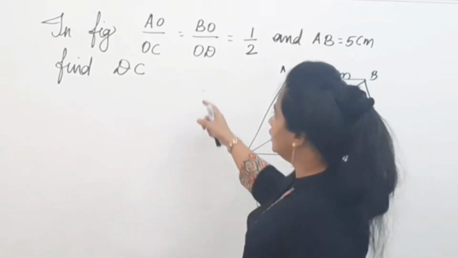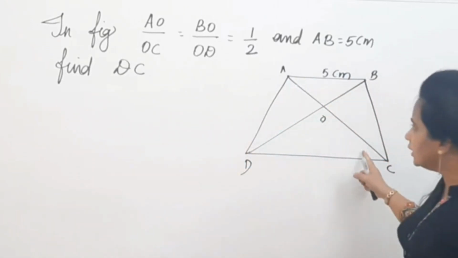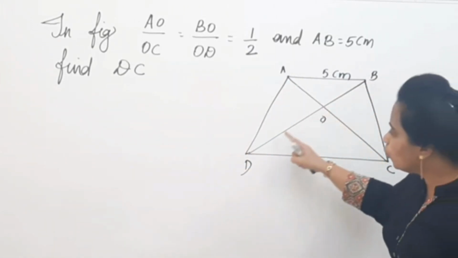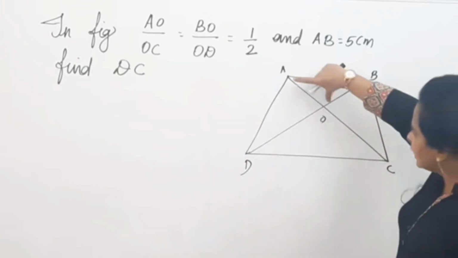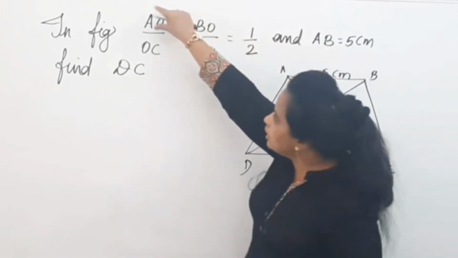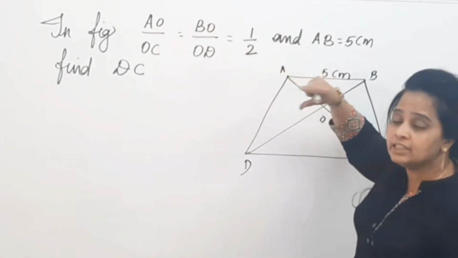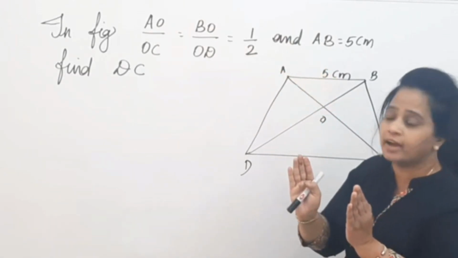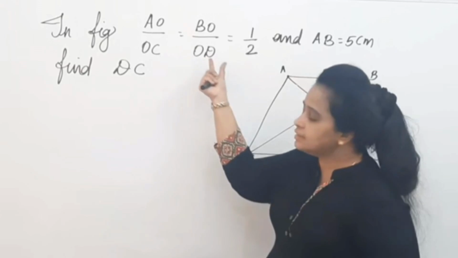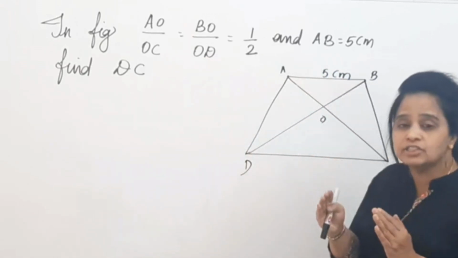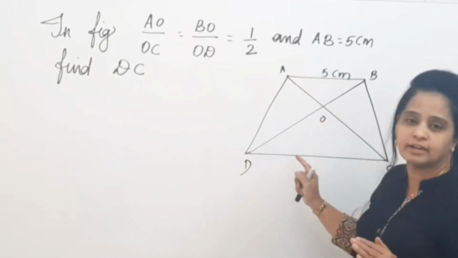Children, in this question, AO by OC is equal to BO by OD. That means AO and this first numerator sides would be the sides of one particular triangle, and the denominator sides would be the sides of another particular triangle.